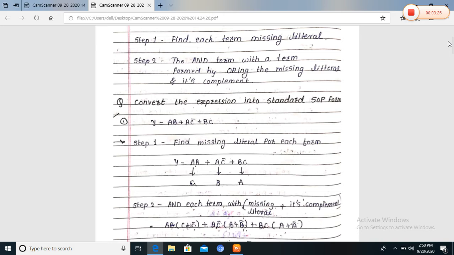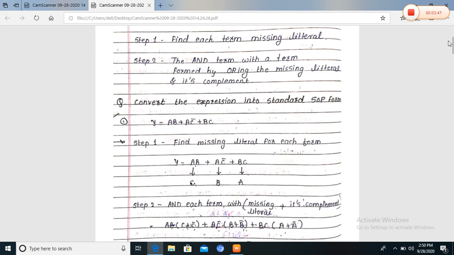Next, the second term AC bar is ANDed with the missing literal plus its complement. In the second term the missing literal is B, ORing means the plus sign, plus the complement of the missing literal, B bar.